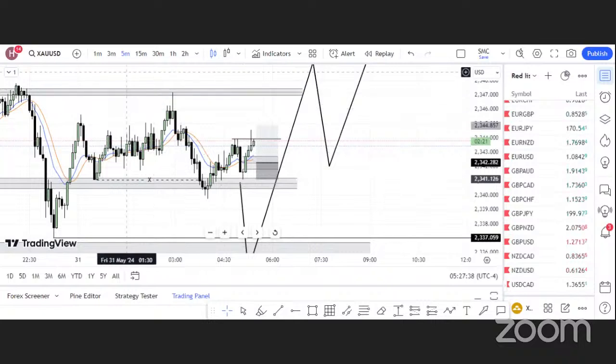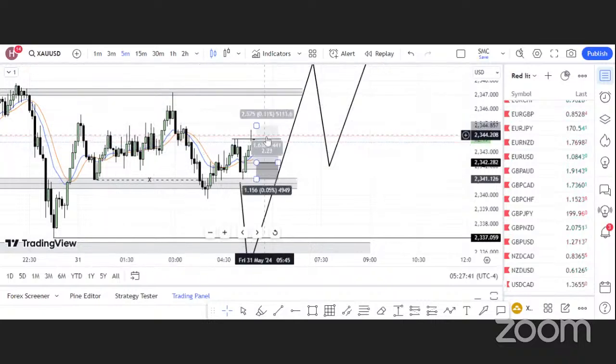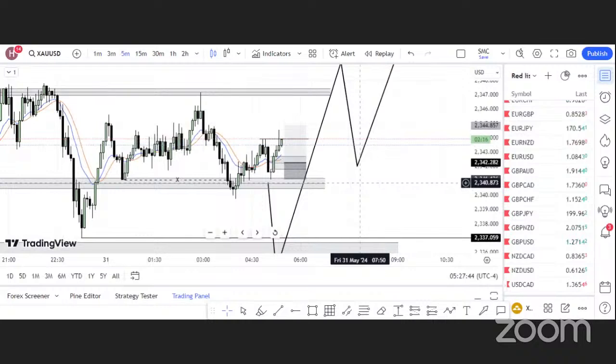All right, so on the 5 minutes time frame, we're still not getting the confirmation we want to get before we open a buy position.